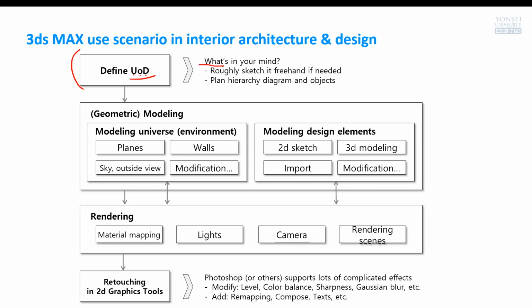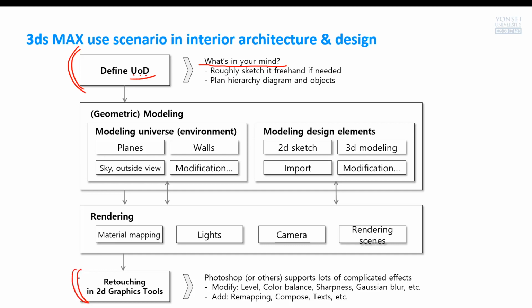Anyway, something in your mind is supposed to be listed up and structured, so that you can make some real things, even if they are computer files, virtual things, more physical compared to something in your brain, correct? Anyway, defining UOD is very important.